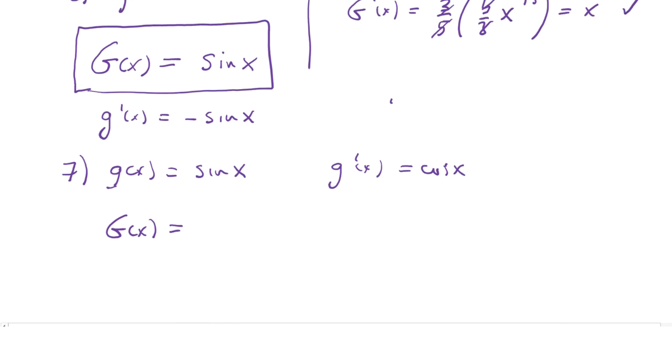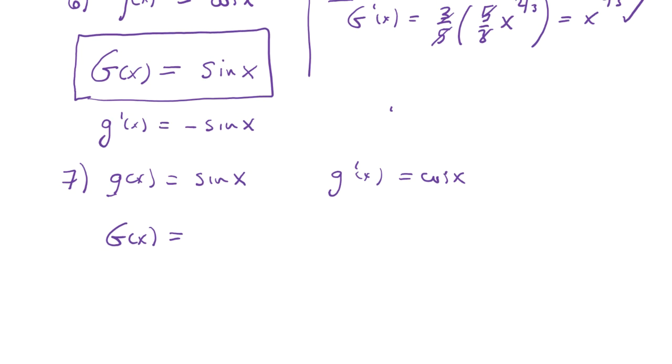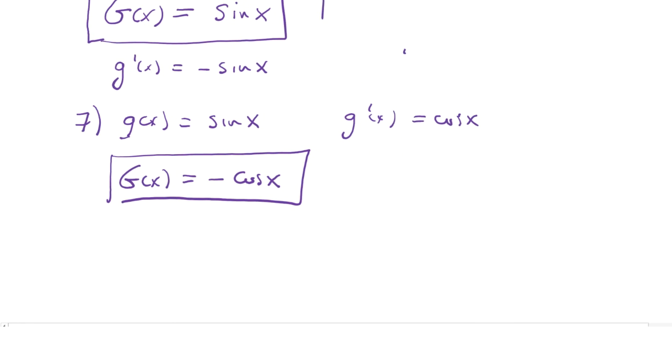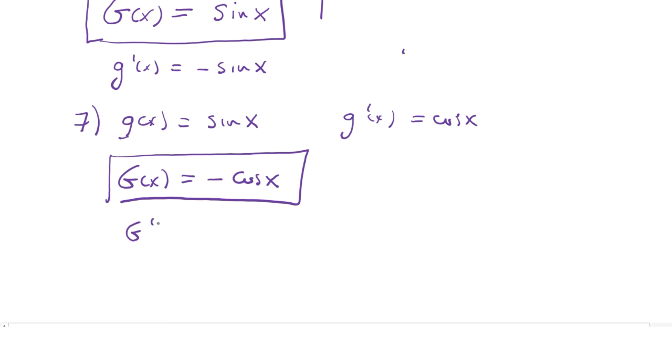And so if you're following this correctly, a function whose derivative is sine, since the derivative of cosine is minus sine, would be minus cosine x, the antiderivative. And then we can check when we take g prime of x, we take the negative of the derivative of cosine, which is minus sine of x, and that's equal to sine of x, and so that does check.